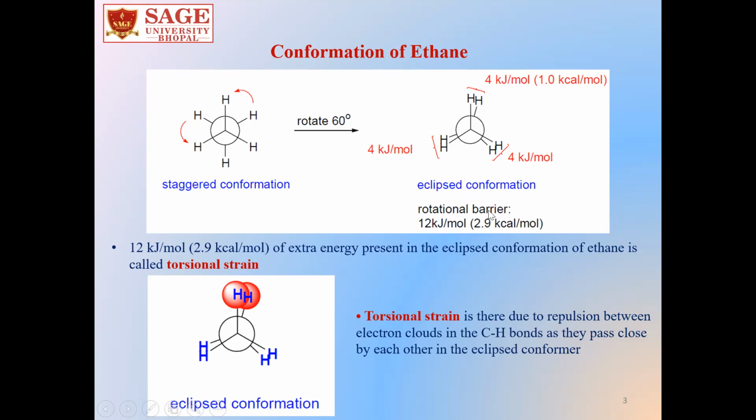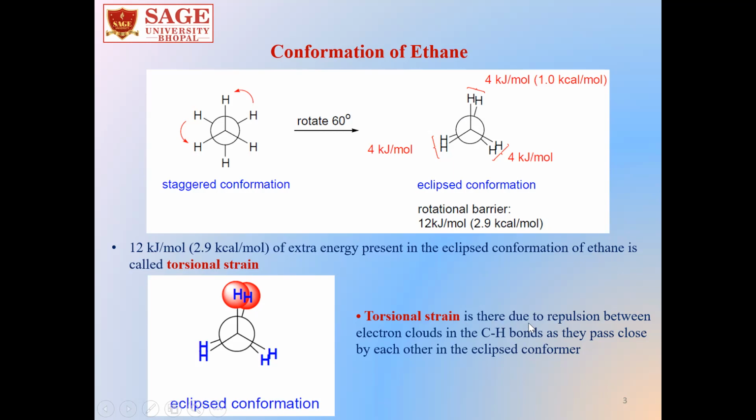So here the rotational barrier will be 4 plus 4 plus 4 equals 12 kilojoule per mole. So 12 kilojoule per mole of extra energy is present in the eclipsed conformation of ethane, and this is called torsional strain. So we can see this one is less stable compared to the staggered conformation. What is torsional strain?